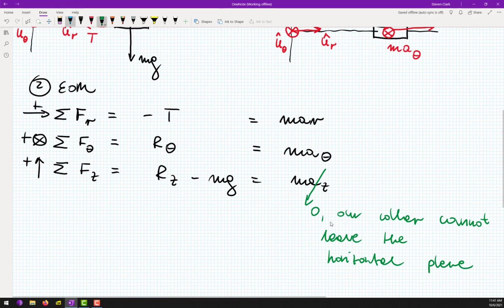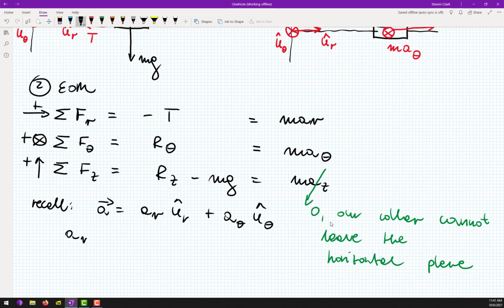How about the two other accelerations? Do you remember this expression? AR UR plus A theta U theta. So AR, if I remember correctly, was equal to R double dot minus R theta dot squared.